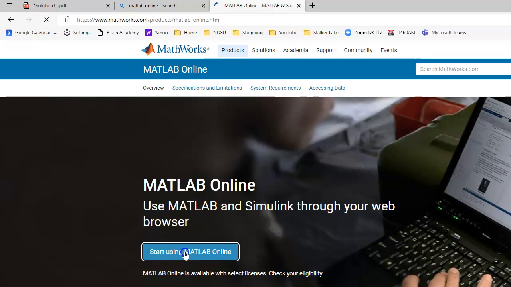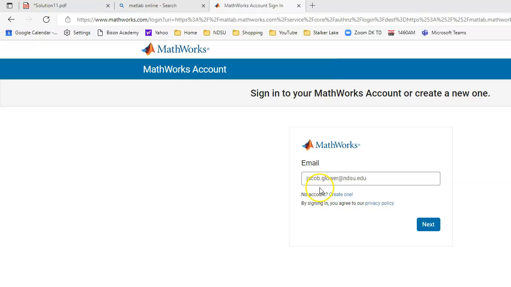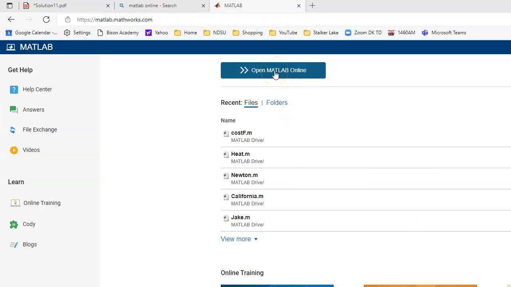If you start using MATLAB Online, you'll have to log in. When you log in, you'll need to use your NDSU email address. And then once you get in, you can open up MATLAB Online. And here, you've got the Control System Toolbox.